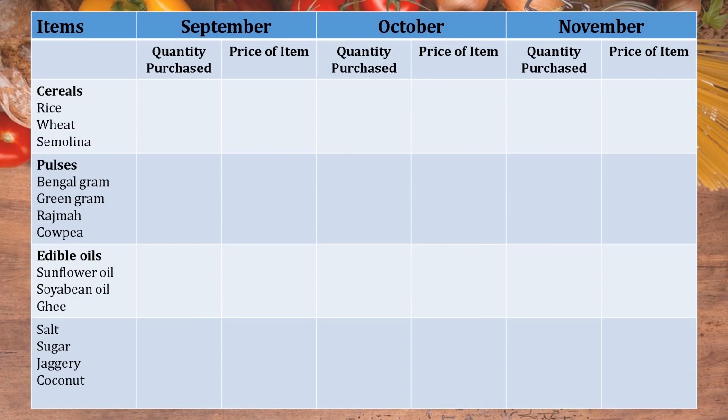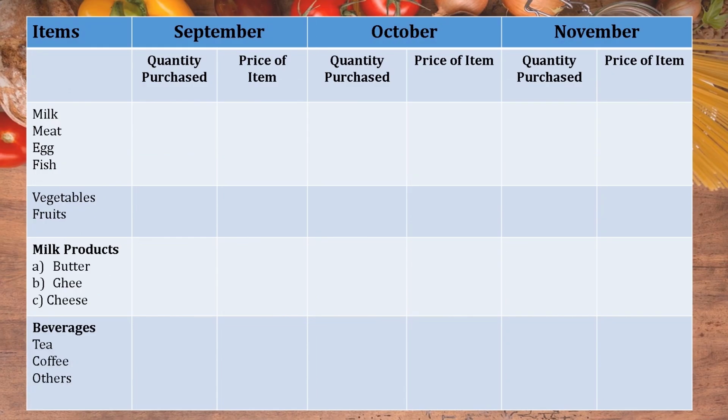Now I have another activity planned for you. For the items listed here, you have to record the quantity purchased and the amount spent in purchasing that quantity in the last 3 months, that is for the months of September, October and November, say. You have to prepare a statement as shown above, and this statement is going to tell you what has been your expenditure on various food items in the previous months and what best you can do in the next month about your expenses on food.